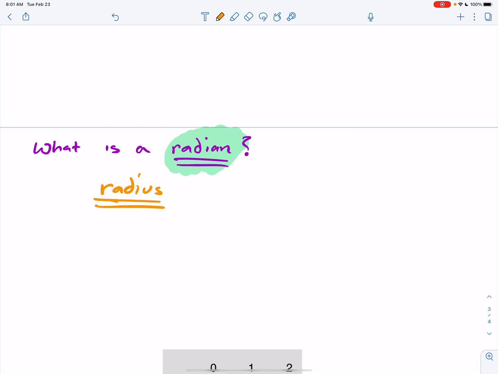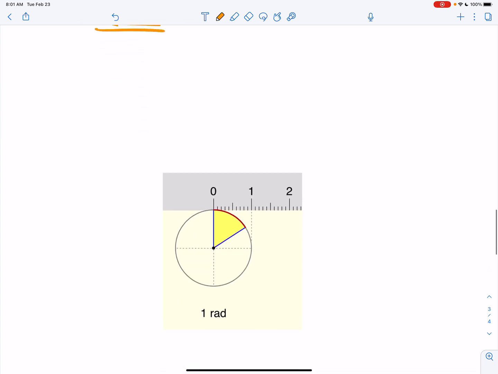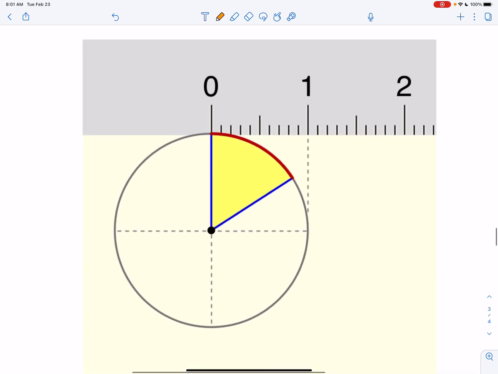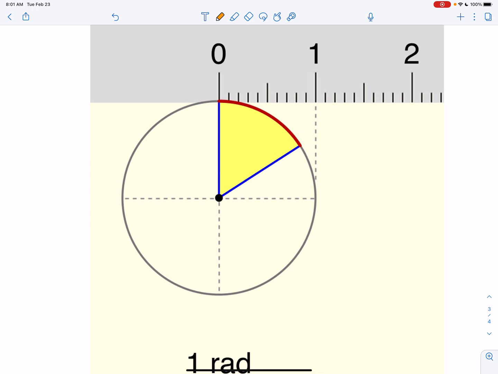They're very similar and actually closely related. Just to give you an idea of what a radian is, here is a radius in blue. I'll highlight it right here. This is your radius right here.